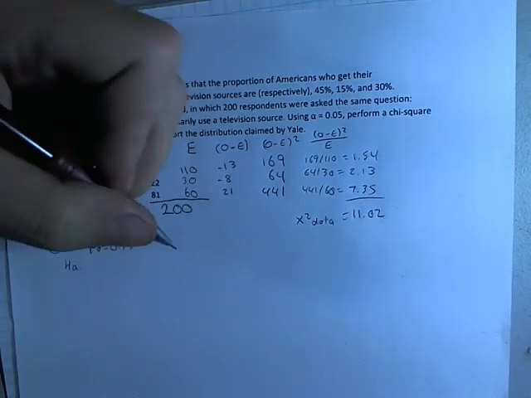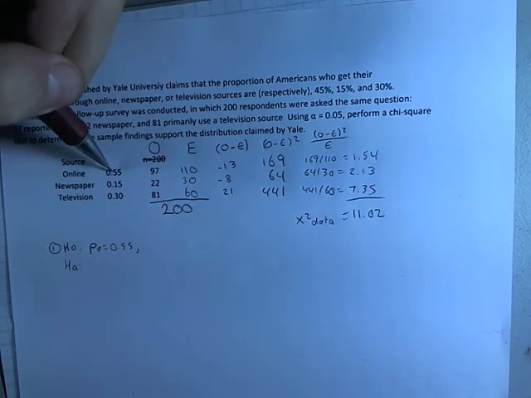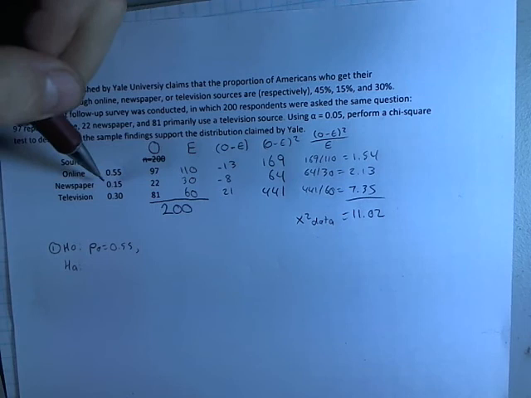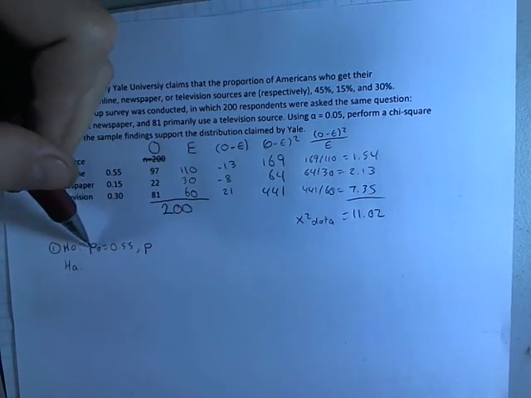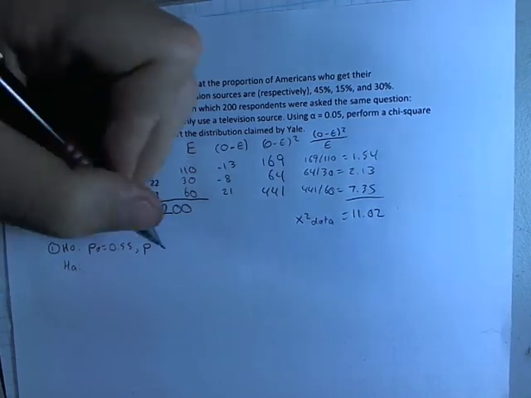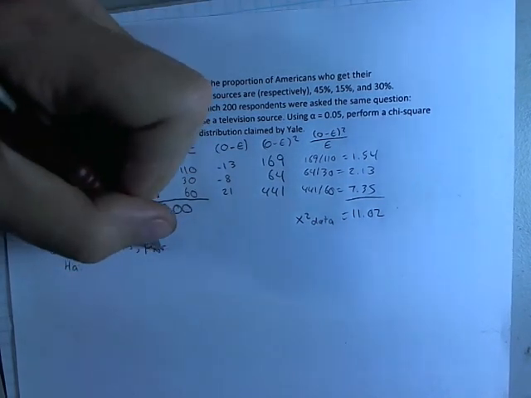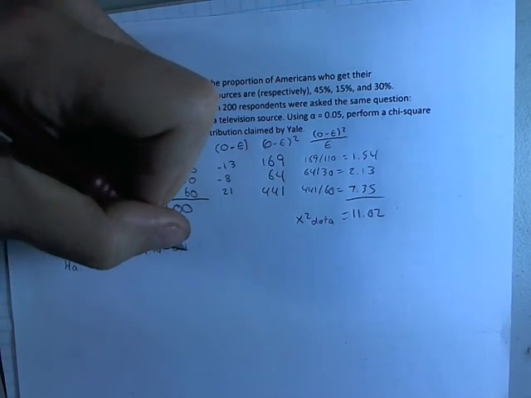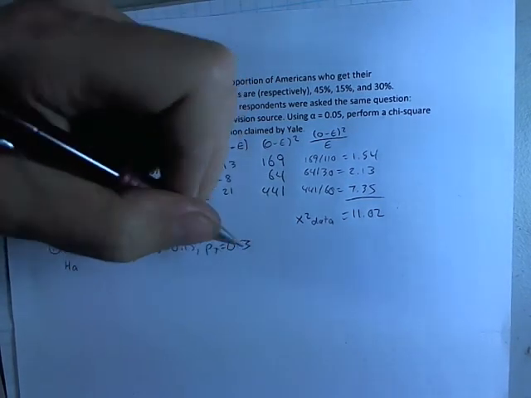Alright, for this goodness of fit test, we're going to first list the reference distribution, or the distribution that we're comparing our sample against. Here I'm saying that the proportion of online respondents is 55%, or is expected to be. Proportion of newspapers 15%, and the proportion of television is 30%.